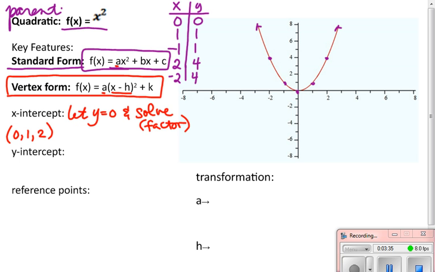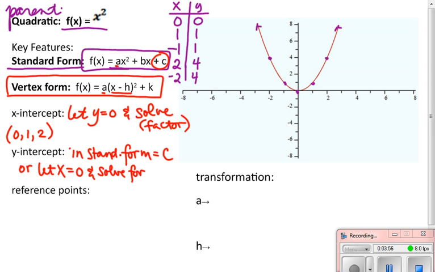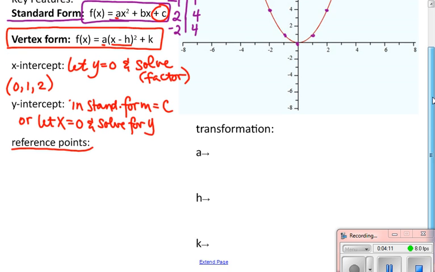Now the y-intercept in standard form is c, so that's really nice. Or you let x equal 0 and solve for y. And there will only be one y-intercept in a quadratic. So one of the key reference points in a quadratic is to find that line of symmetry.